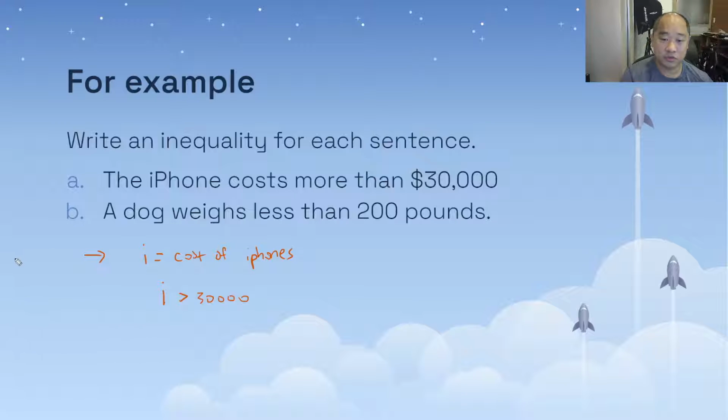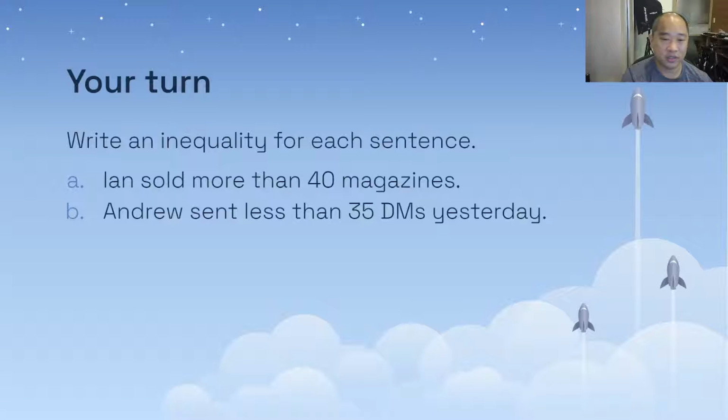Remember to define your variable. Okay, a dog weighs less than 200 pounds. So we can call W the weight of a dog. W is less than 200.